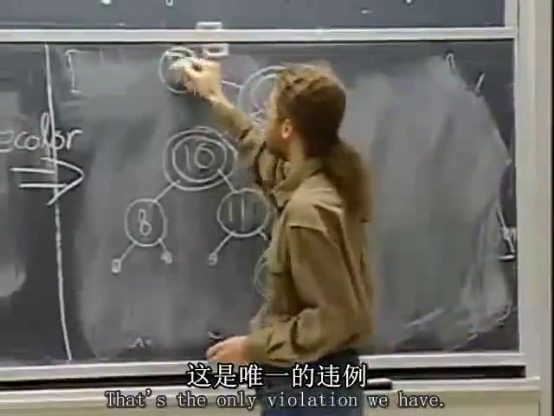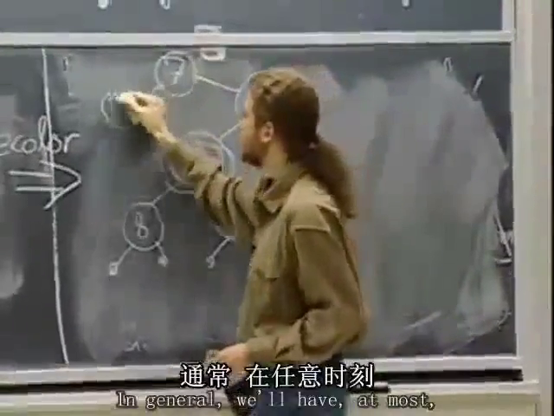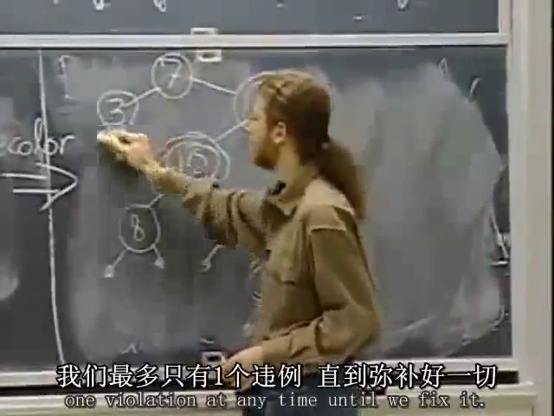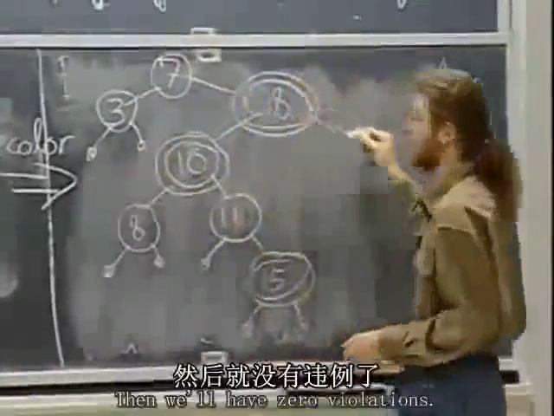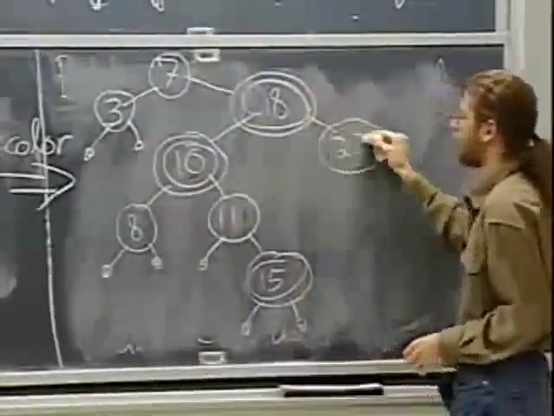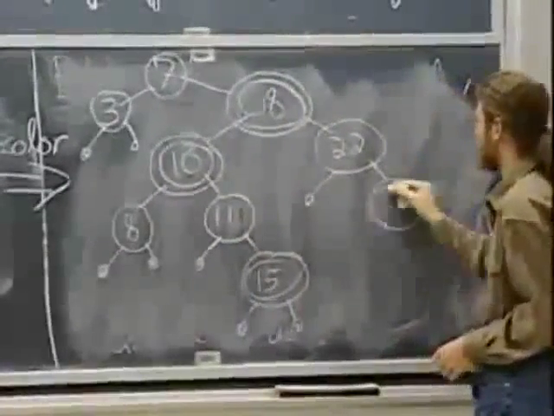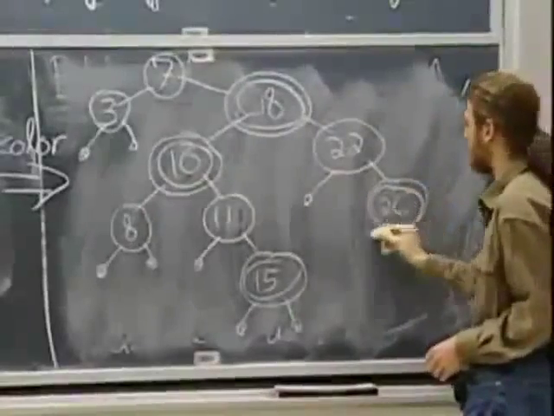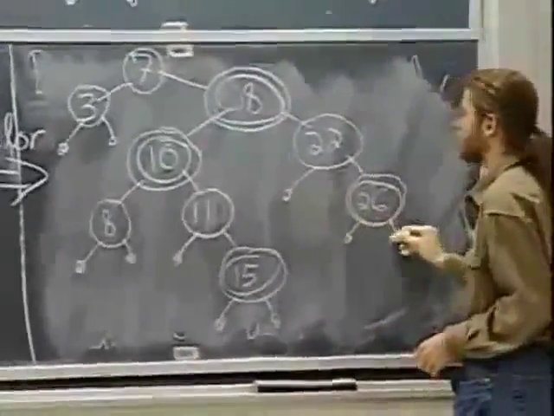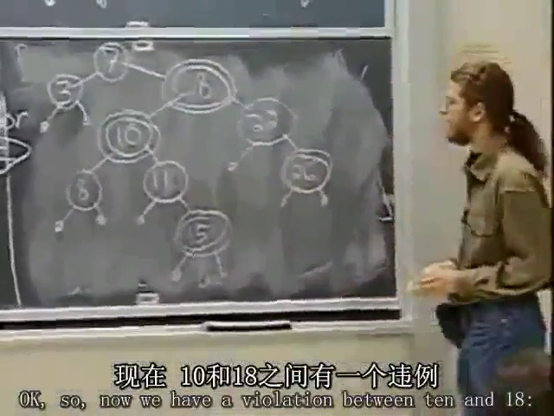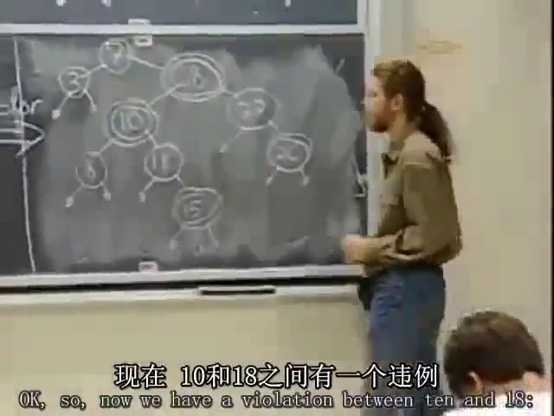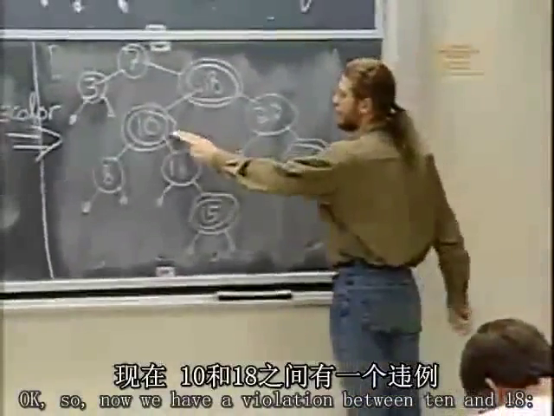That's the only violation we have. In general, we'll have at most 1 violation at any time until we fix it. And we'll have 0 violations. Okay. So now we have a violation between 10 and 18.